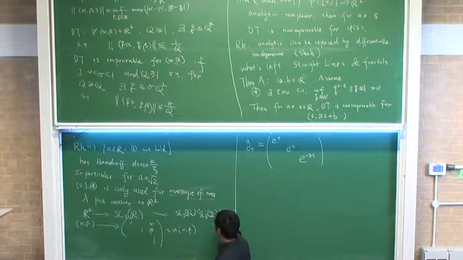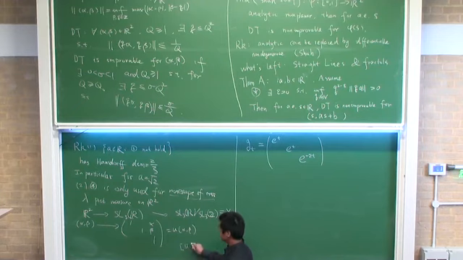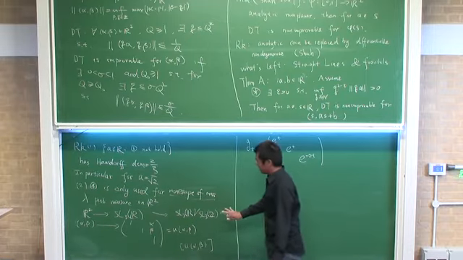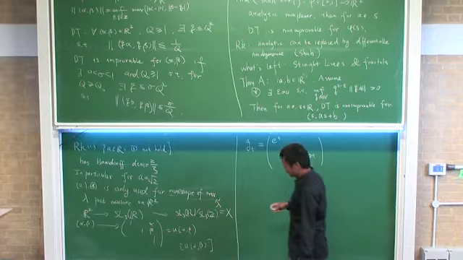For an element in the quotient space, I will use a bracket. Therefore, a probability measure here will define a probability measure here, which I will denote by lambda tilde.